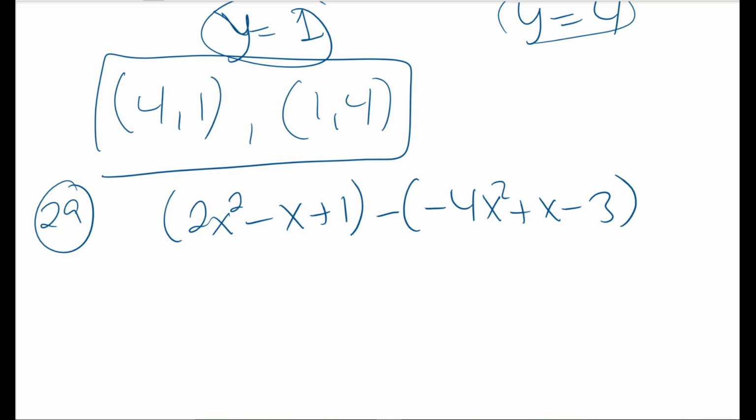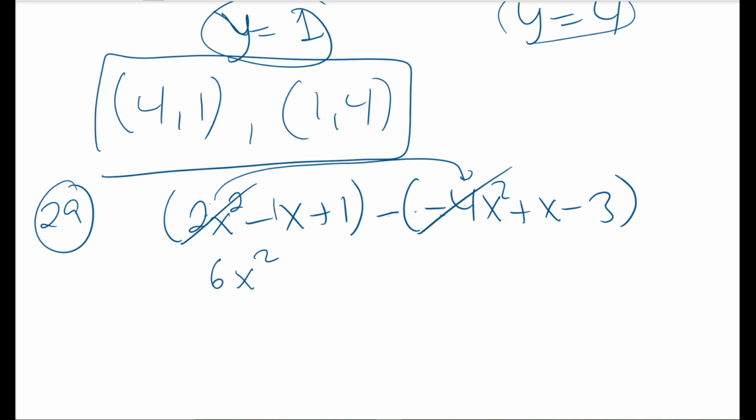Okay, so basically we're going to subtract the like terms. So we have here 2x squared minus negative 4. Two negatives make it positive here. So 2 plus 4 is going to be 6x squared. So that takes care of those two.